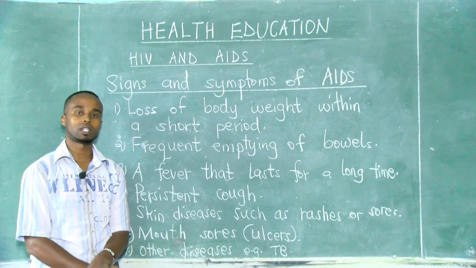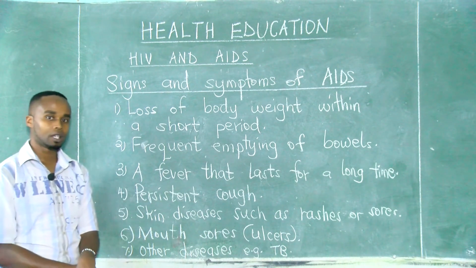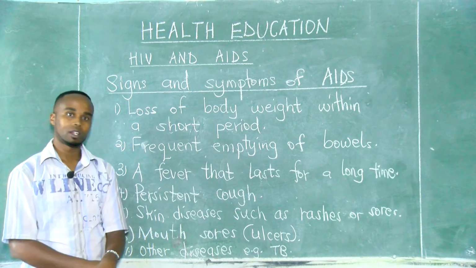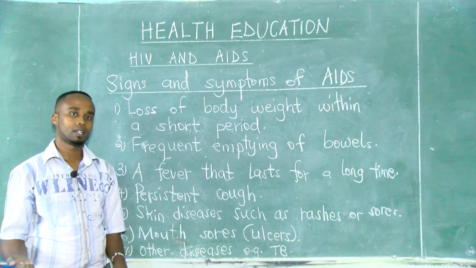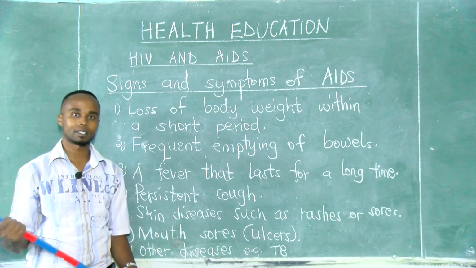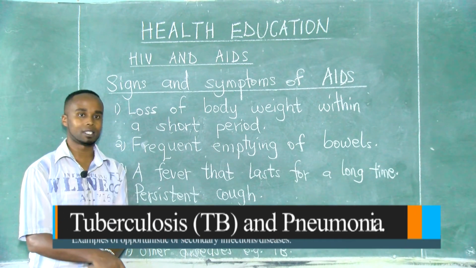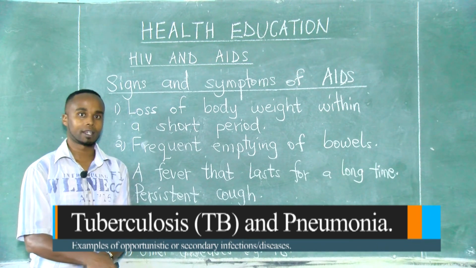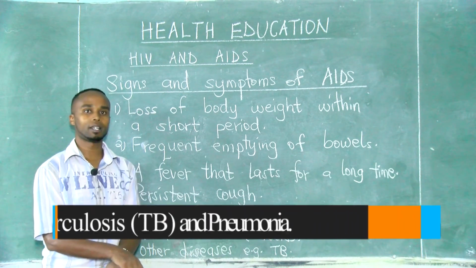We have also said that they are known as mouth ulcers. Then we have the other diseases. Another sign is attack by other diseases. We have said those diseases are known as opportunistic diseases. Yes, like tuberculosis, that is TB, and pneumonia.